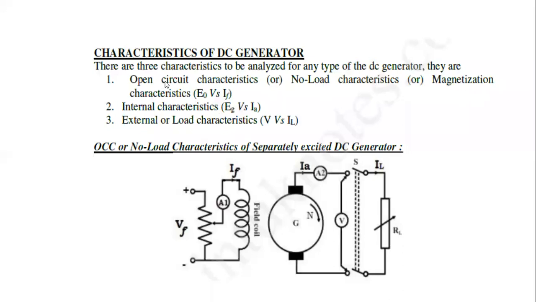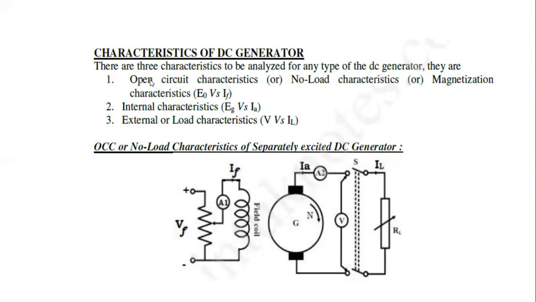The second one is the internal characteristics, and the third one is the external load characteristics. There are three characteristics to be analyzed for any type of DC generator.